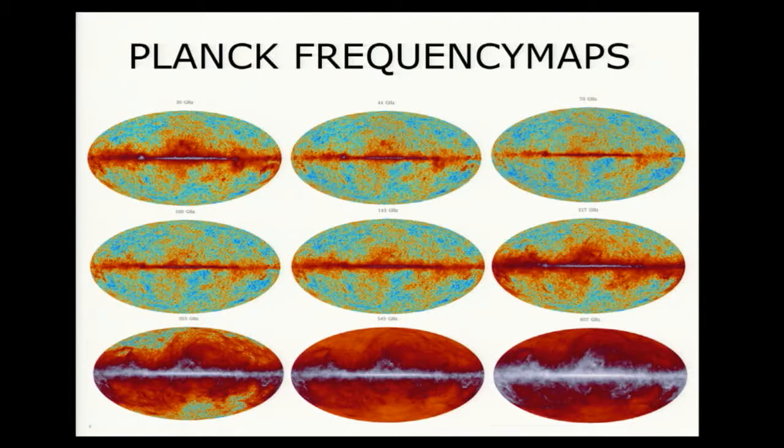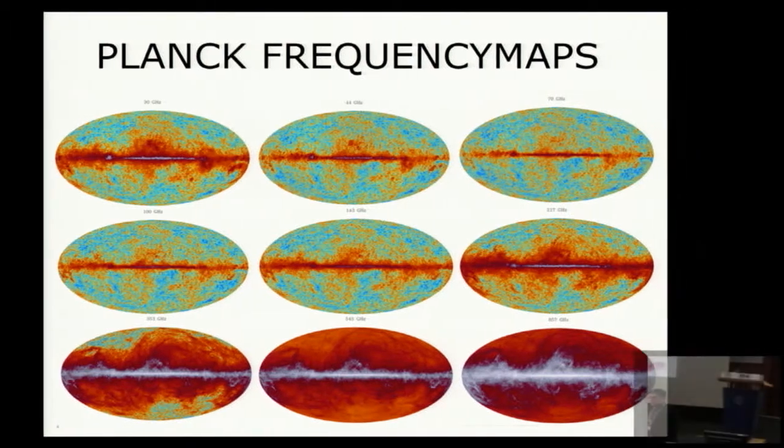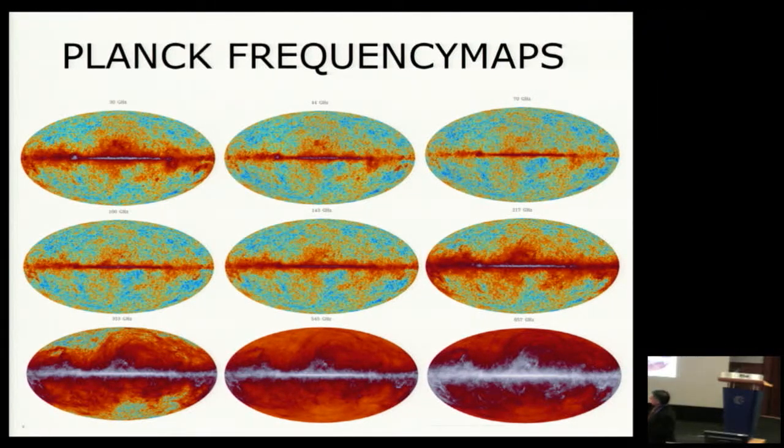Next thing is, these are the 9 maps from Planck that you've seen. So I'm showing this so that everybody is absolutely clear that this picture that's on the front of your books and so on gives you completely the wrong picture of Planck. You do not peel back lots of galactic emission, dust emission in the case of this picture, to reveal the CMB.